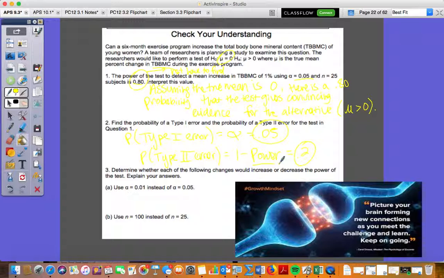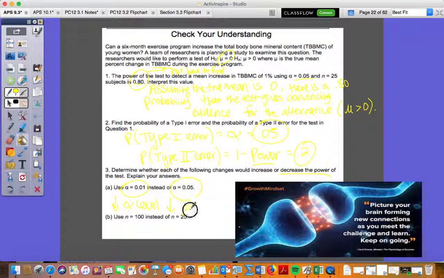Number 3, determine what would change, whether the power would increase or decrease, and explain your answer. So if I went to an alpha level of 0.01 compared to 0.05, what would happen to my power? If I decrease the alpha level, what would happen to my power, right? It would decrease. Good. So if I decrease the alpha level, the power would decrease.